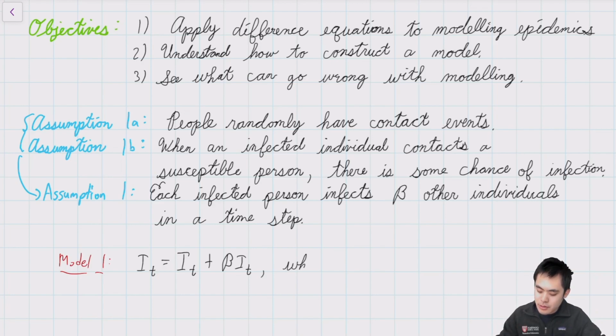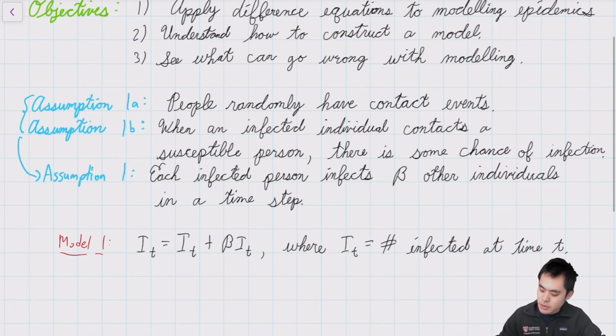Where I sub t is the number infected at time t.